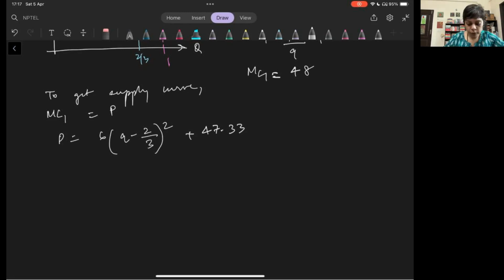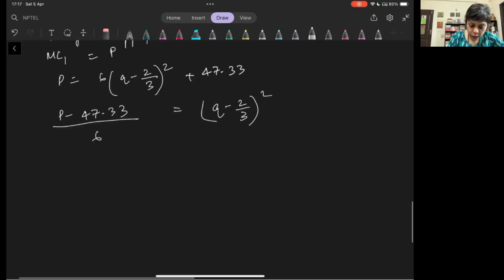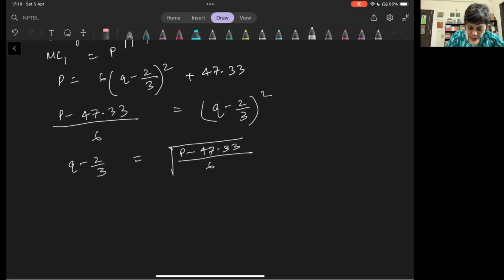So we'll just flip this. Let's first bring this term to this side, dividing by 6. This is (Q minus 2 by 3) whole square. Then we take the square root: Q minus 2 by 3 equals the square root of (P minus 47.33) divided by 6, and then we take the 2 by 3 to the other side.